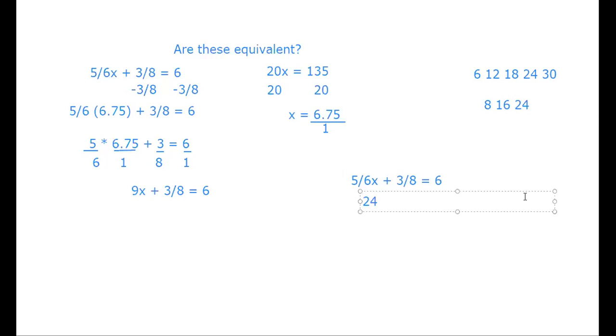So if I multiply both sides of this equation by 24, I'm going to get rid of all these fractions.